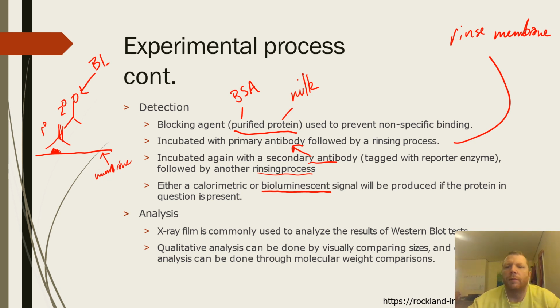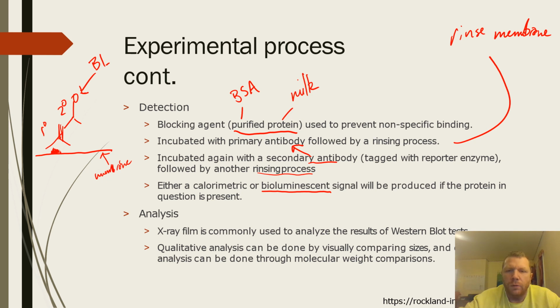So what I'm doing is looking at my result, which is going to show me a bioluminescent or an X-ray signal, and that tells me that my secondary antibody is there. My secondary antibody is going to tell me if my primary antibody is there. My primary antibody is going to tell me if my original protein is there. So that's where all of this bounces around and lands.